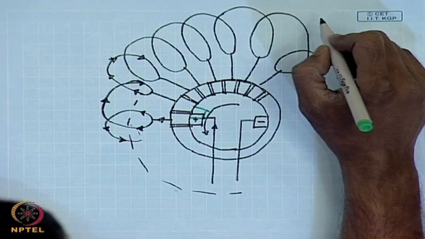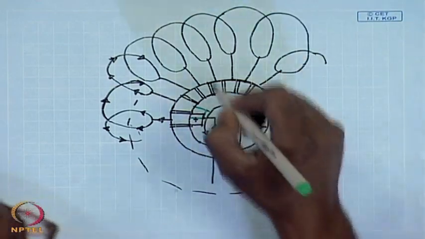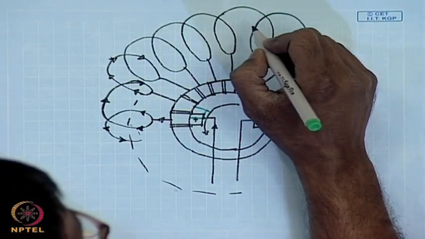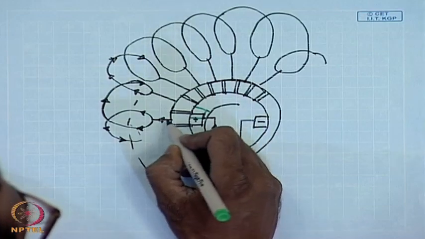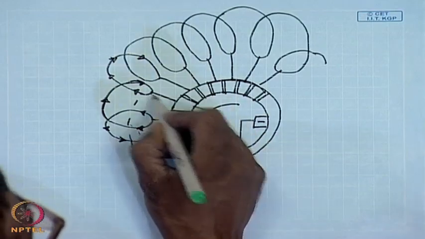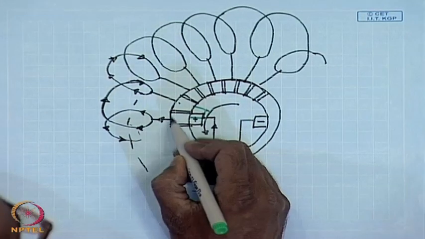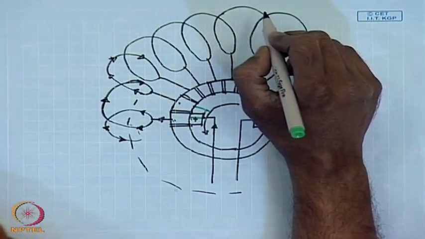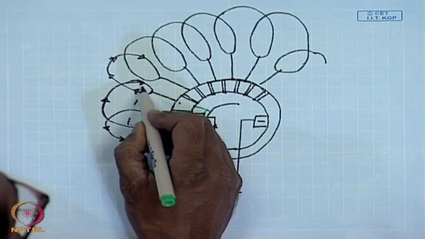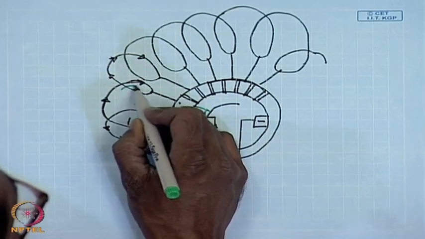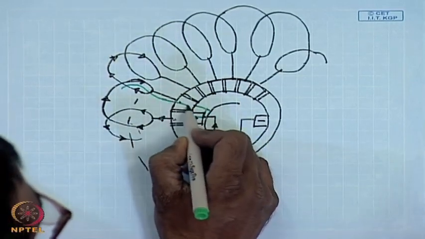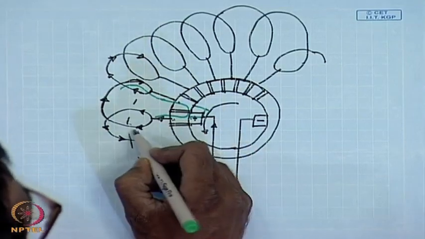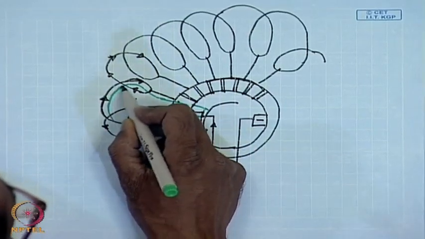Please note that once the commutator comes to this position, the coil whose two ends are connected to these two ends of the commutator is shorted. Therefore, this particular coil gets shorted.